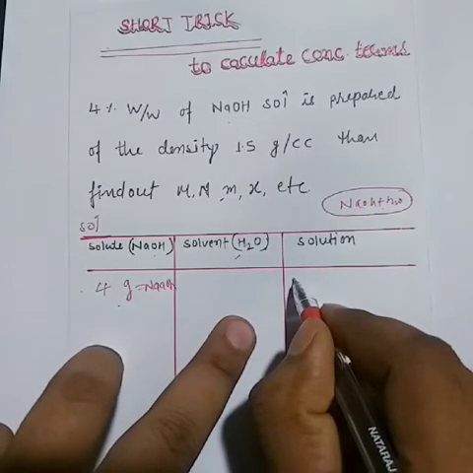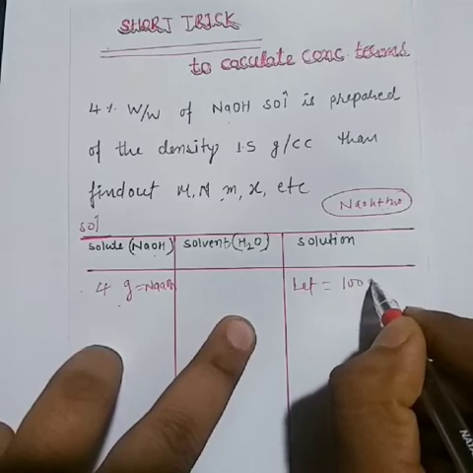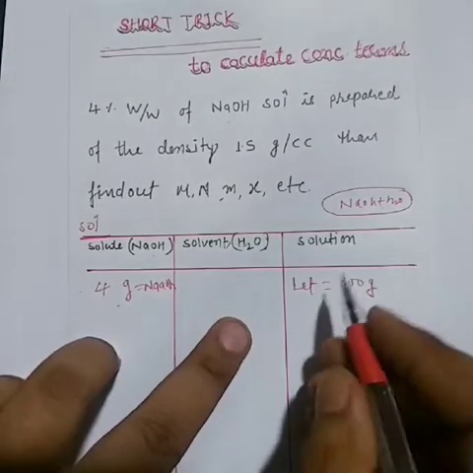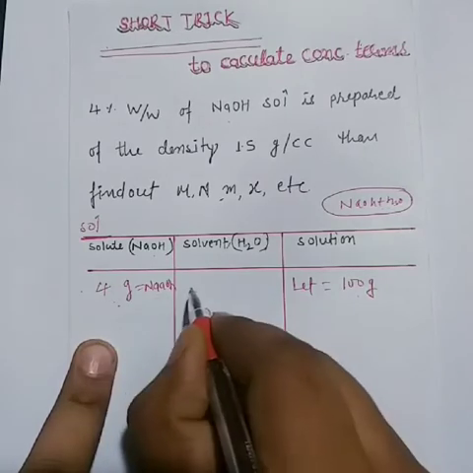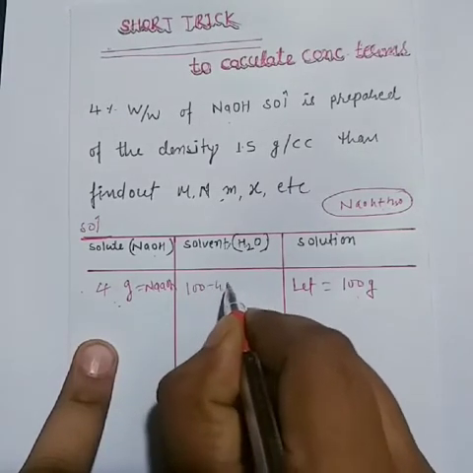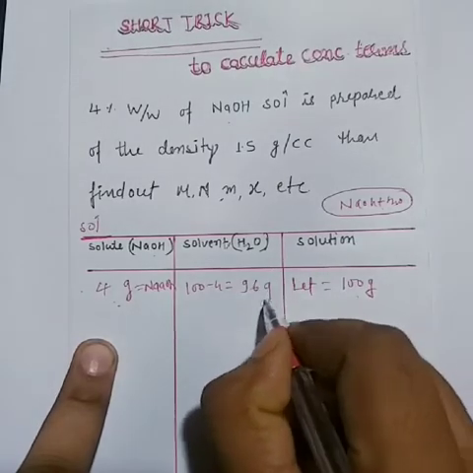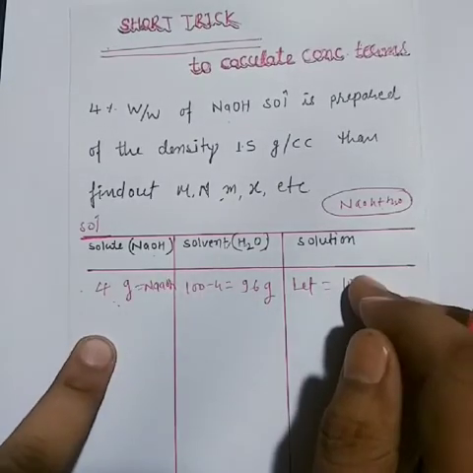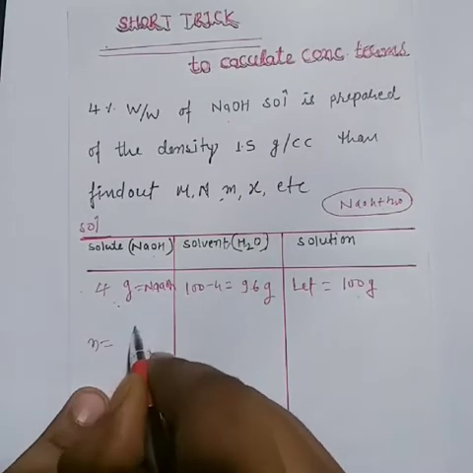Let the total solution be 100 gram. So 4 gram is solute, and 100 minus 4 is the solvent, that is 96 gram.